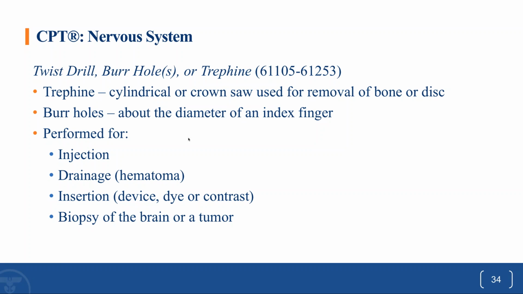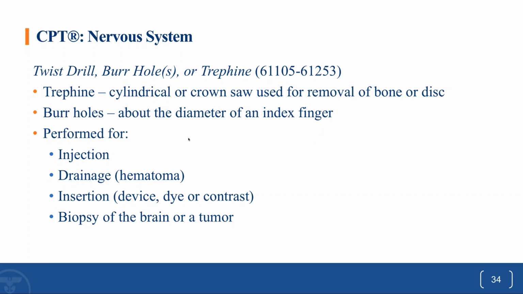So a key thing I want you to highlight in CPT code 61154 is hematoma. So there you have the explanation of twist drill and burr holes. Those are maybe the two they'll ask about on this particular page in reference to procedures performed on the skull.